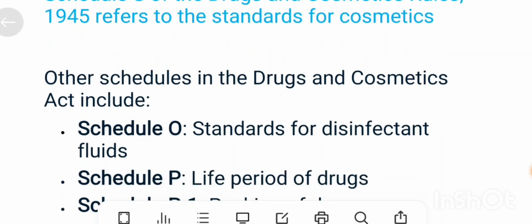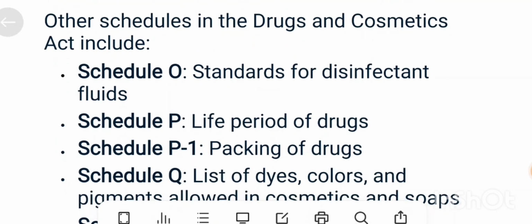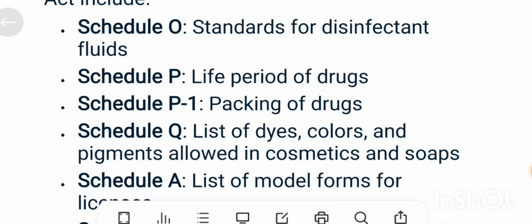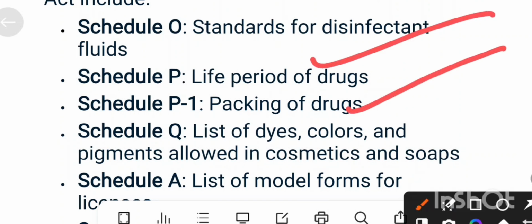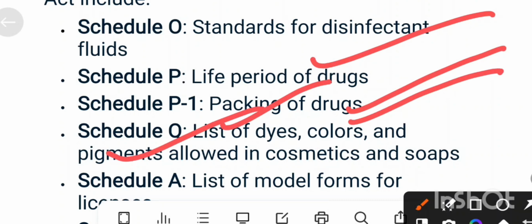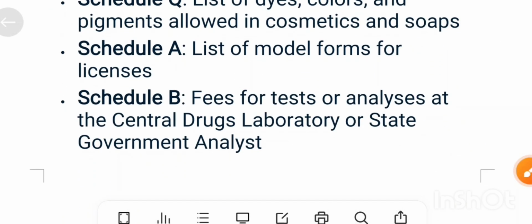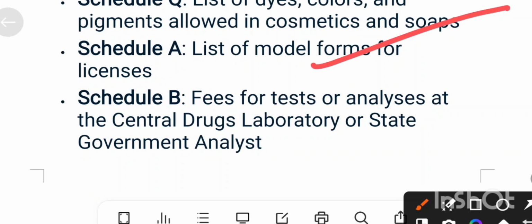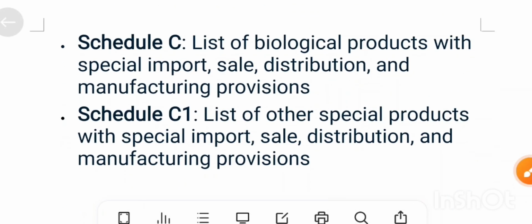Other schedules are Schedule O, standard for disinfectant fluids; Schedule P, life period of drugs; Schedule P1, packaging of drugs; Schedule Q, list of dyes, colors and pigments allowed in cosmetics and soaps; Schedule A, list of model forms of the license; Schedule B, fees for test or analysis at the central drug laboratory or state government analyst; Schedule C, list of biological products with special import, sale, distribution and manufacturing provisions; Schedule C1, list of other special products with special import, sale, distribution and manufacturing provisions. Next question.